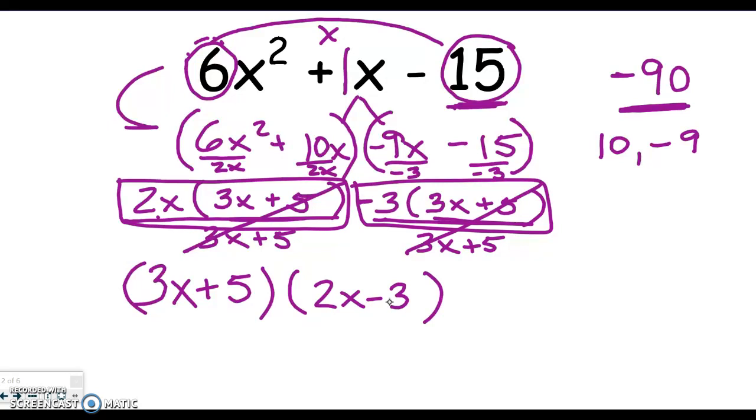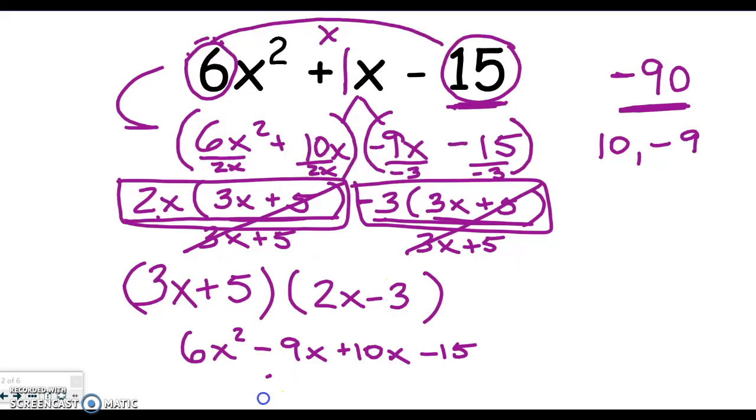Okay. How do I know I successfully factored it? Well, there's always checking. You can always check, multiply back together. I'm not going to do it for all of them, but I'm doing 3x times 2x. Again, if you're ever unsure, good way to check. 3x times negative 3, 5 times 2x, and then 5 times negative 3.